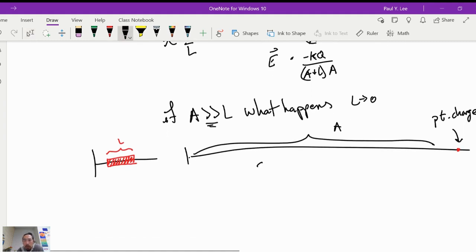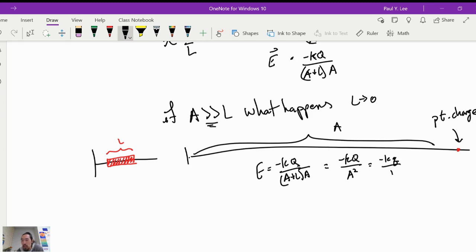So if we have a formula of E equal to negative KQ over A plus L times A, and we set all of our L's to 0, we end up with negative KQ over A times A, which is just A squared. And this, my friends, looks just like the formula for the E field of a point charge. Wasn't that cool?